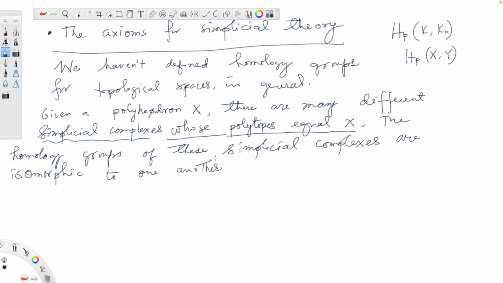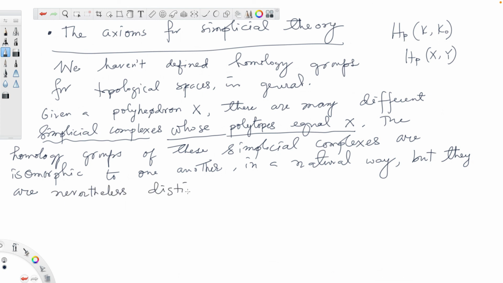It follows from the topological invariance of homology groups, right? In a natural way. But they are, however, distinct. They are nevertheless distinct groups. So these homology groups are distinct, but they are isomorphic.